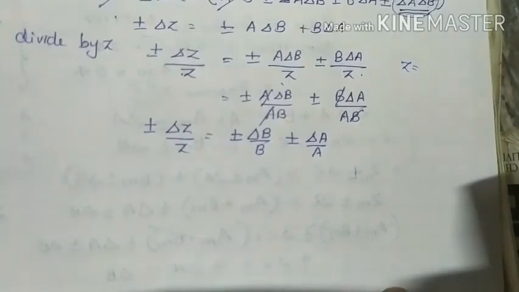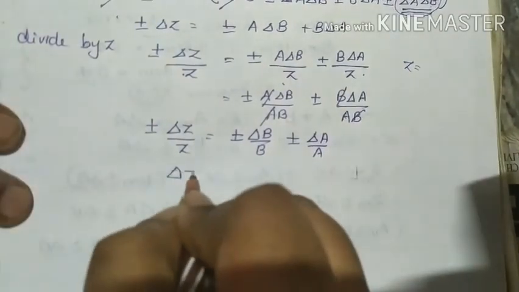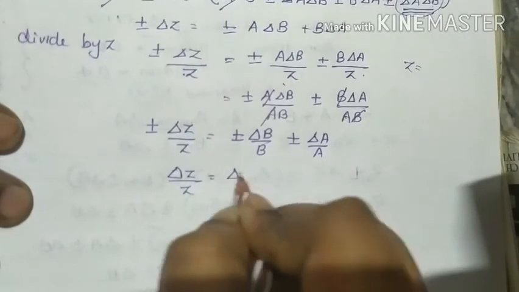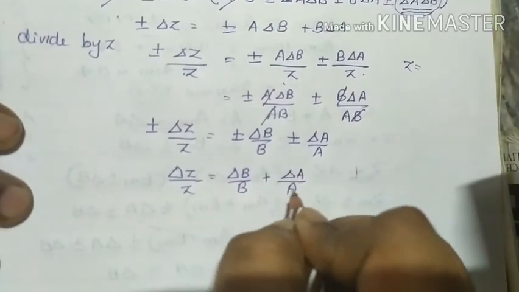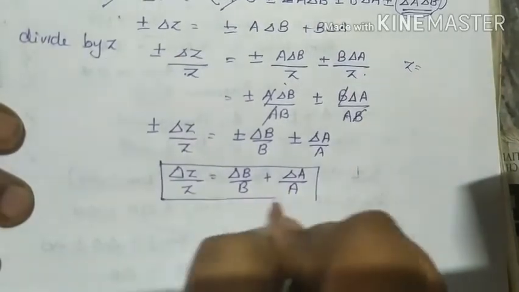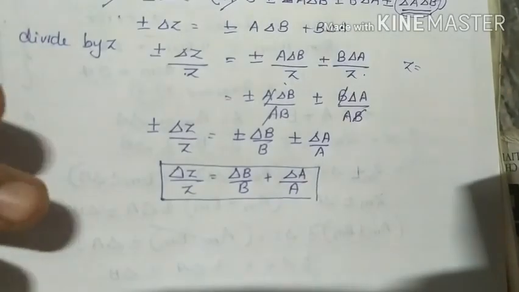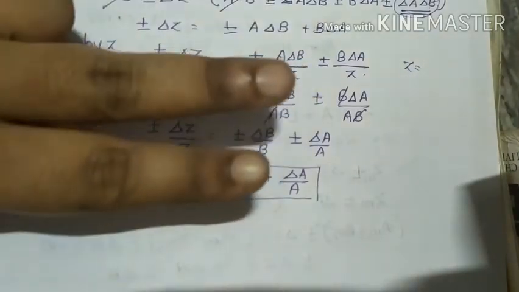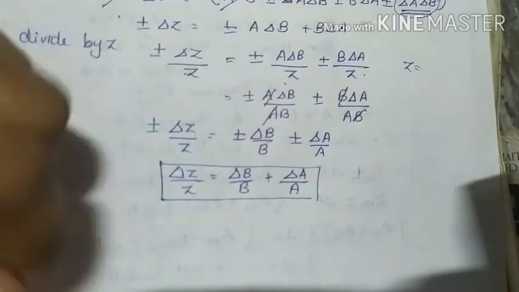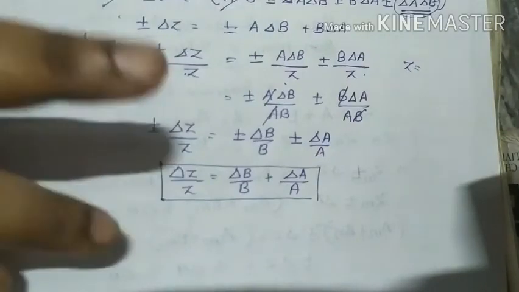That means I'm just removing the plus or minus, so it will be delta Z by Z is equal to delta B by B plus delta A by A. So what can you infer from this equation? You can infer that when you're doing a multiplication of two numbers to get a resultant, that resultant's errors relation will be there.